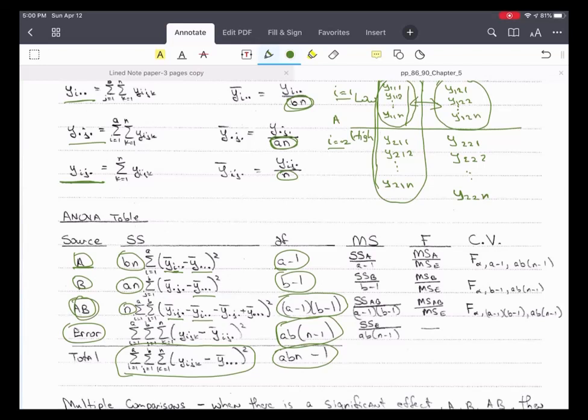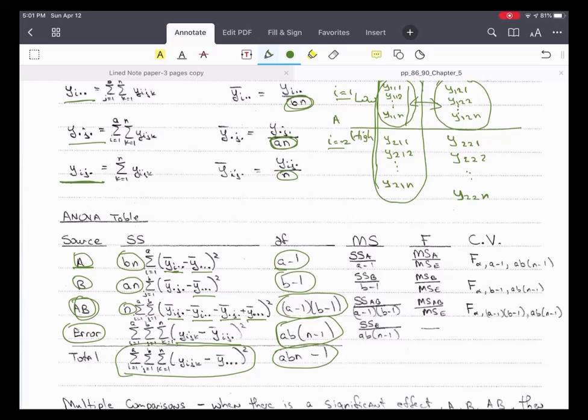We're going to subtract the mean for the ith level, and we're going to subtract the mean for the jth level, and then we end up adding back one of these overall means, y_... bar. Okay, and again squaring, and then our error is just y_ijk minus the means for each of the cells, that quantity squared.